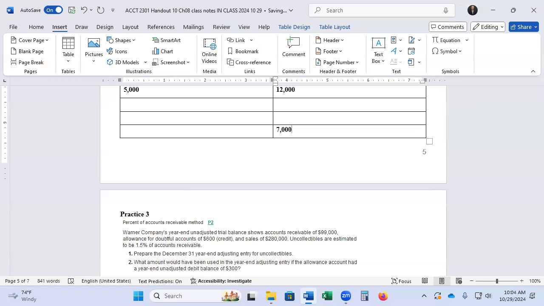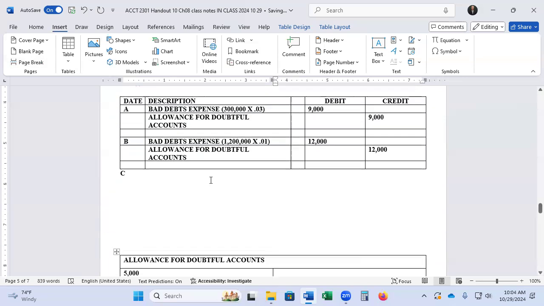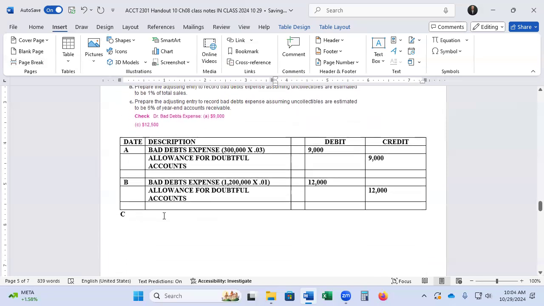Okay, so that's how that would go for both of those. Now C says, prepare the adjusting entry to record bad debts expense, assuming uncollectibles are estimated to be 6% of year-end accounts receivable.